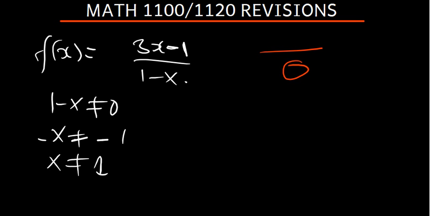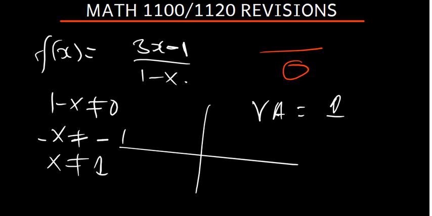Meaning that even the graph, if they ask you to find the vertical asymptote, the vertical asymptote is now x equals 1, meaning that your graph is not going to touch where there is 1. If this is 1, this is 2, the graph will not touch this line. So the domain is the x value.